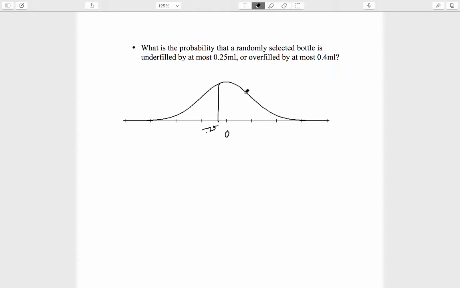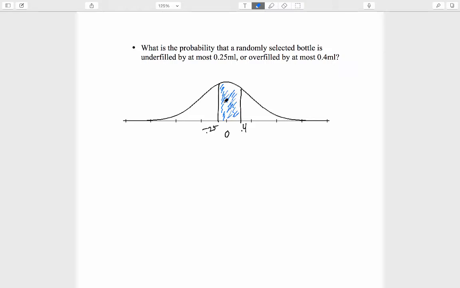Then my other boundary point will be at the 0.4 milliliter mark, somewhere around there. Underfilled by at most 0.25 milliliters means it's underfilled, but not by much. So we are shading between negative 0.25 and 0, and again between 0 and 0.4.